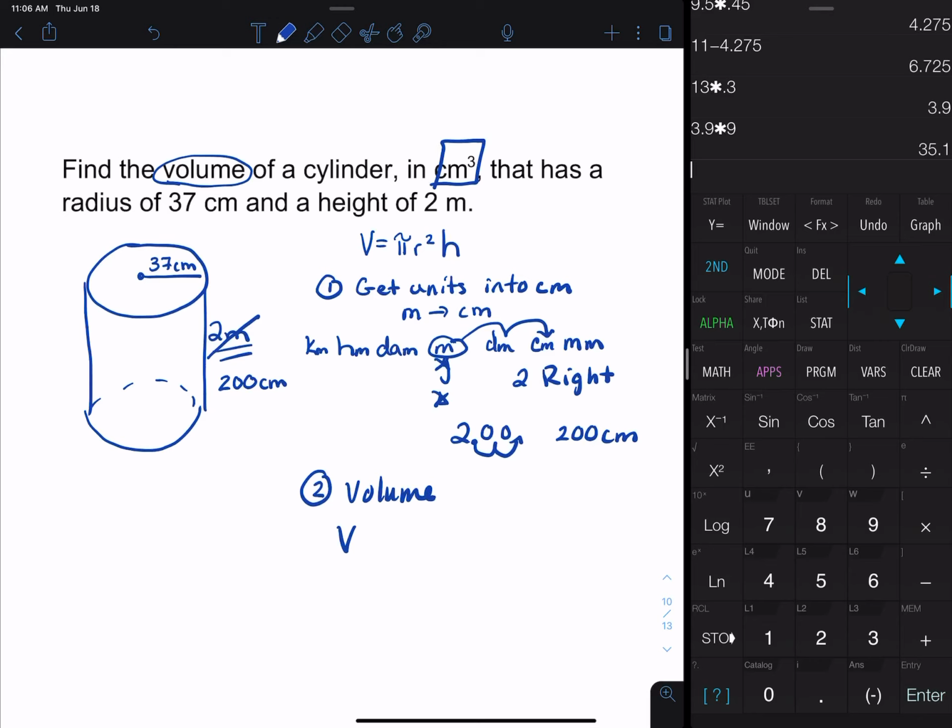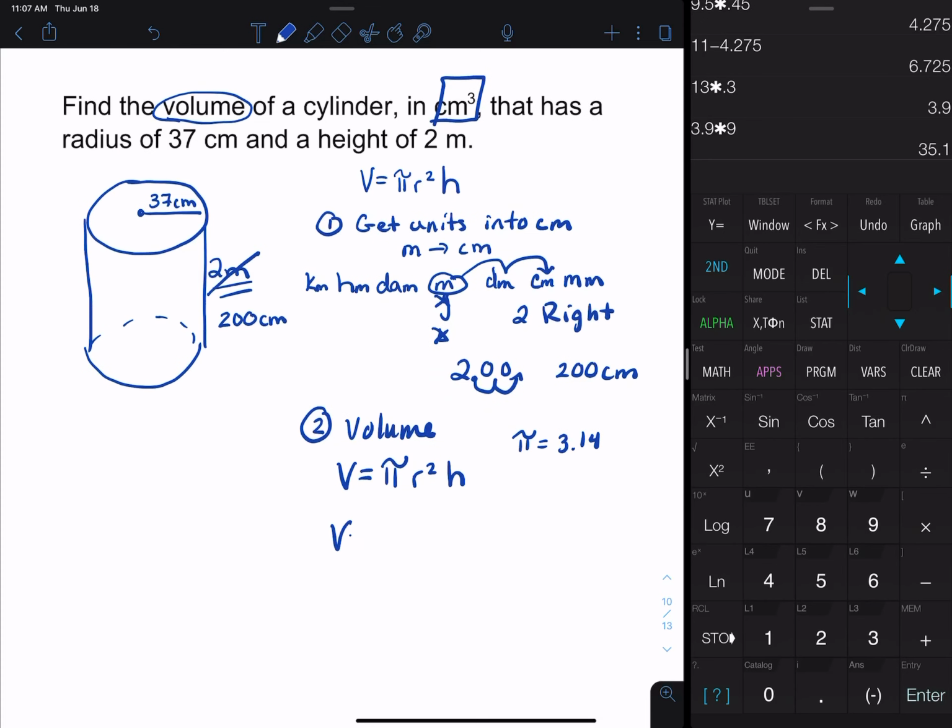So I'm going to use that formula, volume equals pi r squared times h, and I'm going to use that approximation for pi, that 3.14. So if I do this, volume equals 3.14 times the radius, 37 squared, or actually let me include my units in there, 37 centimeters squared, times the height, the 200 centimeters.